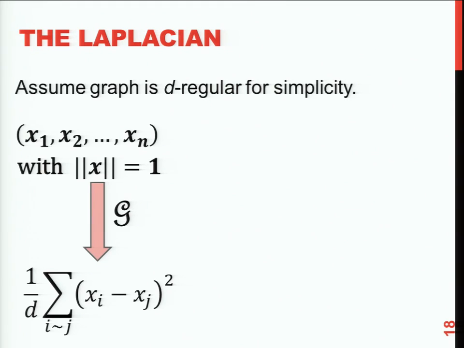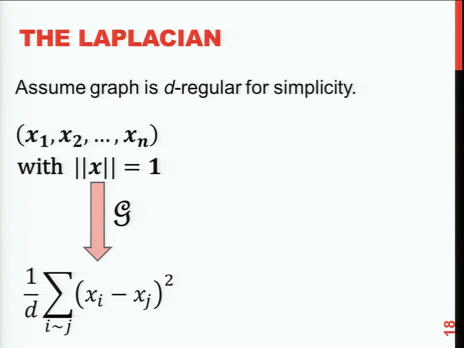The graph operates in the following way. It takes in a vector x1 through xn which has unit norm, meaning that the length of this vector, the square root of x1 squared plus x2 squared plus up to xn squared, is equal to 1.